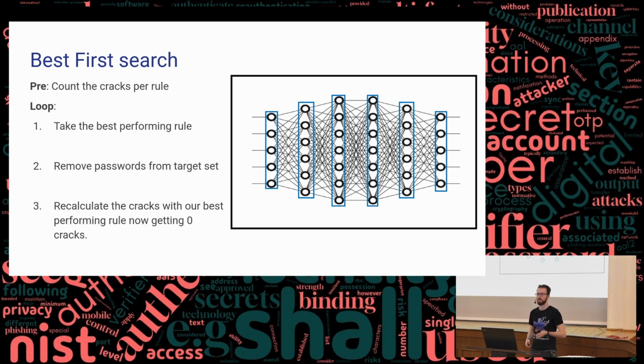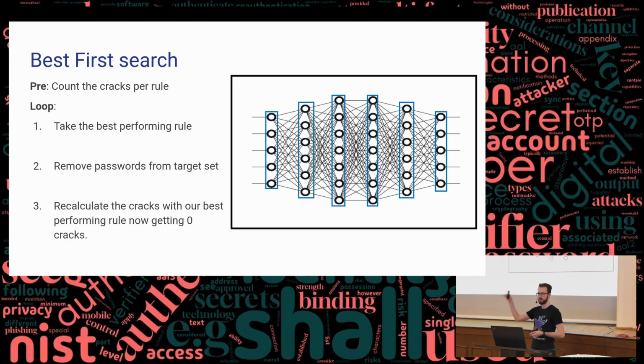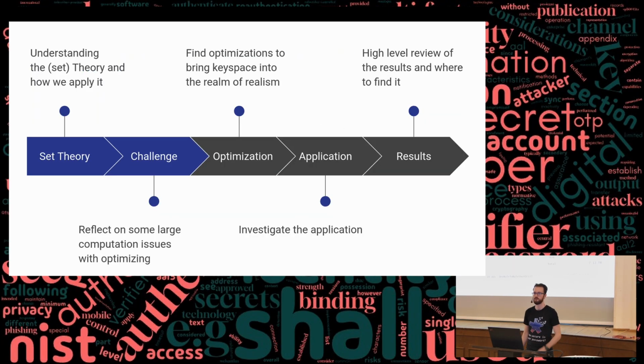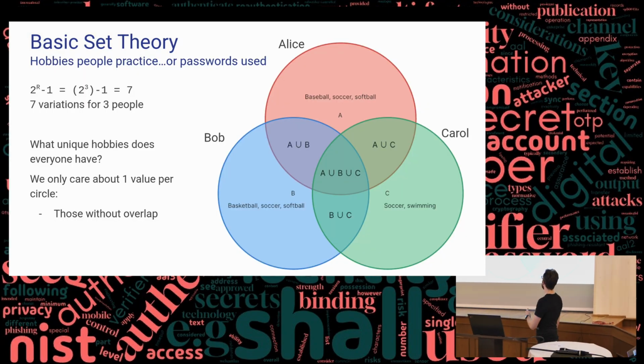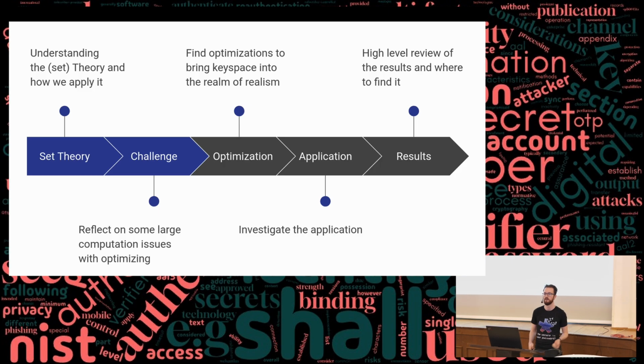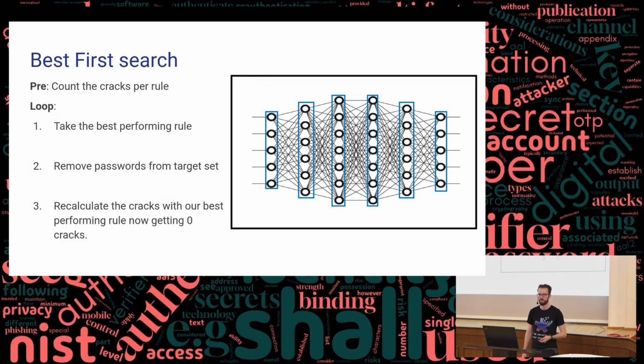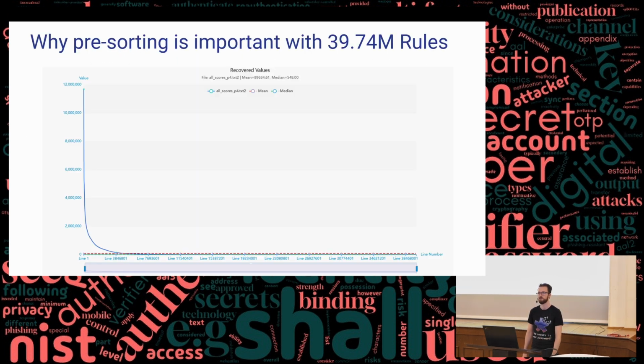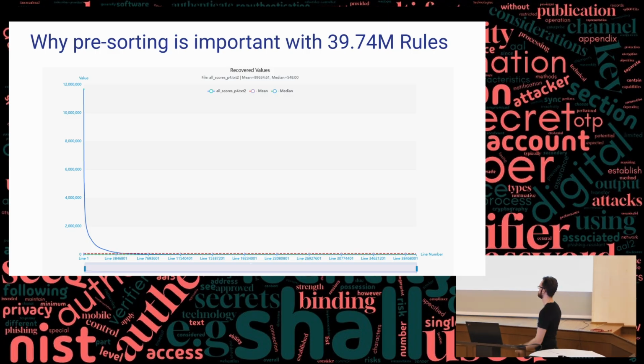You then go through a loop: take the best performing rule, remove the passwords from the target set that you're targeting, and then recalculate everything. The first one you removed from the target set is now getting 0 cracks. And through this method, you're trying to reduce this one, then this one, then this one, in order from most frequent to least frequent. You analyze them piece by piece. And this is why you do the pre-sorting.